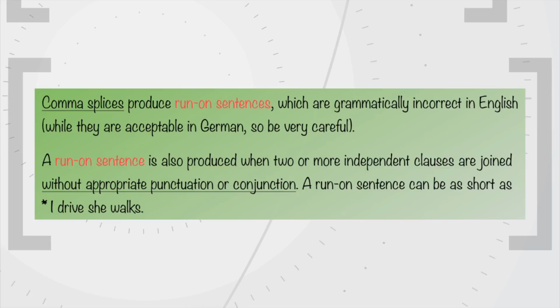A run-on sentence can be as short as *I drive, she walks, with the asterisk indicating that what follows is incorrect. See, there's no semicolon or period after I drive, and there's no conjunction either, like for example, but. So that's a run-on sentence too. This example would also be grammatically incorrect in German. Always watch your sentence combinations.